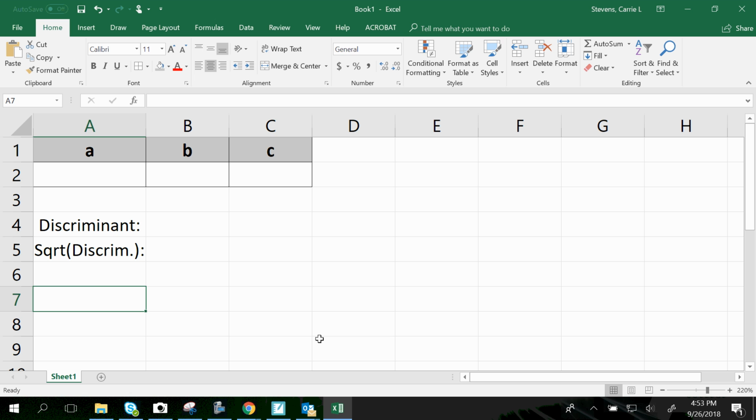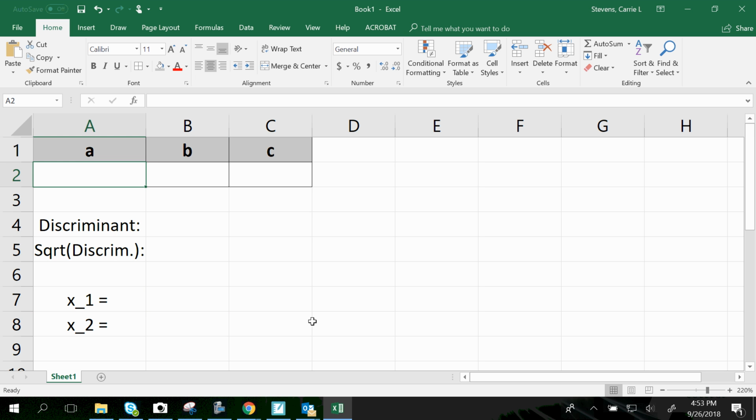Then we're going to calculate x sub 1, which will be the first answer in our solution set, and x sub 2. And this will work as long as we have two real solutions, or we might have a repeated real solution. If it's a solution that has an imaginary or complex number, then you'll see an error message here.